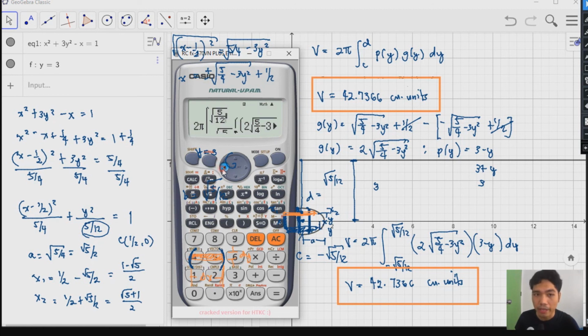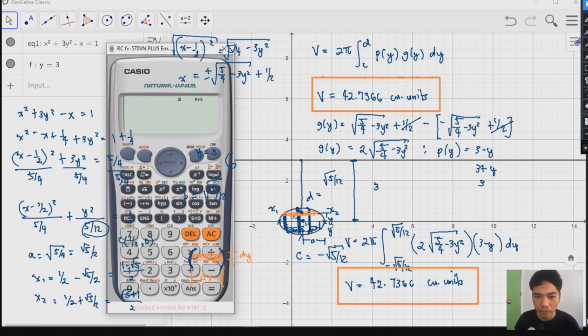Okay, and lastly, we try having yung ano na lang, distance niya directly from the x-axis going to the geometrical centroid. So that's 3 units lang. So diba yun yung distance niya from the center. So ito yun. Okay, so what? Okay, that's 42.736.